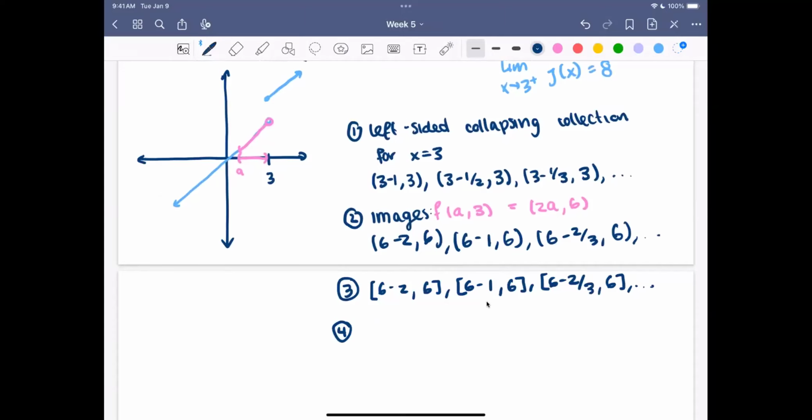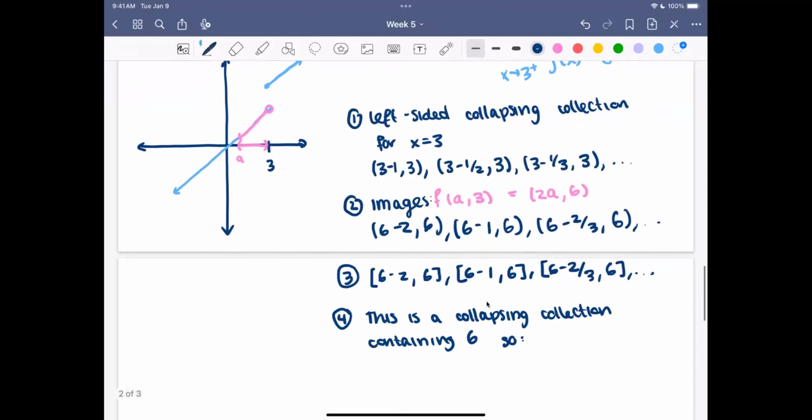Okay, so this is a collapsing collection containing 6.